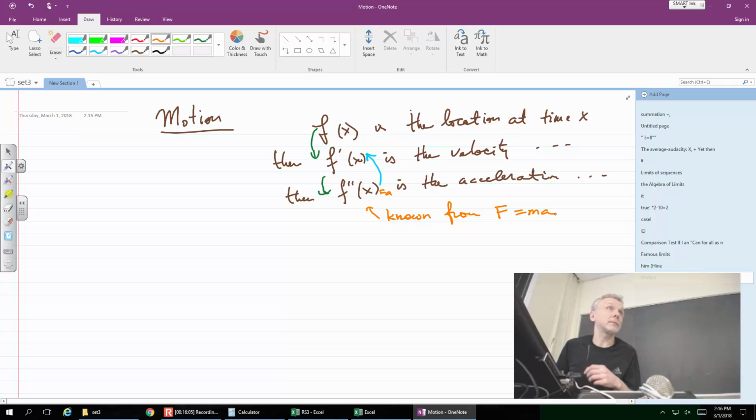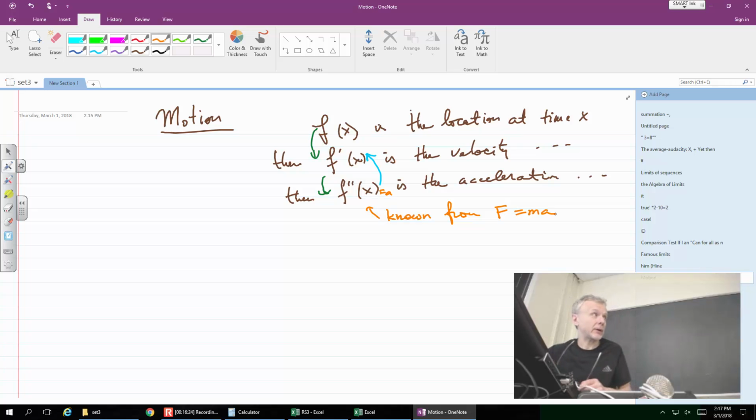Remember this one? Which one is it, second or the first? Well, it doesn't matter. So we know acceleration a from the forces.